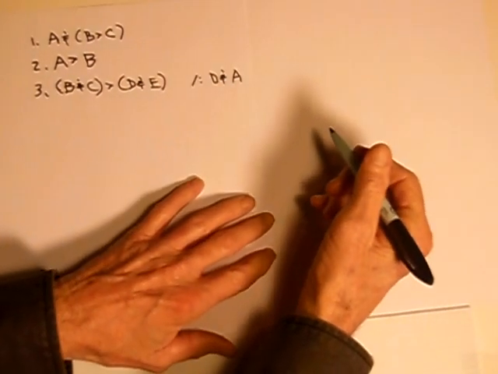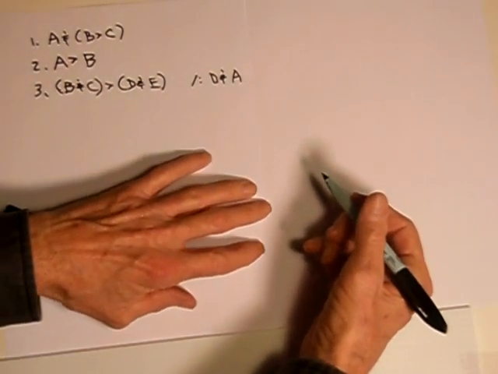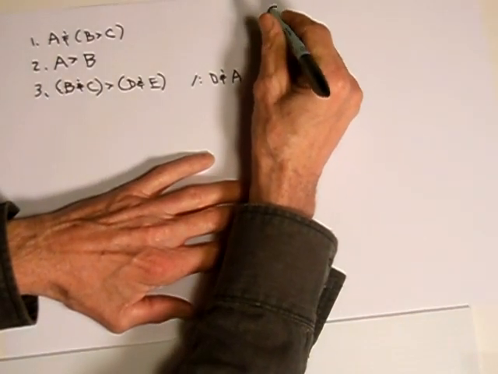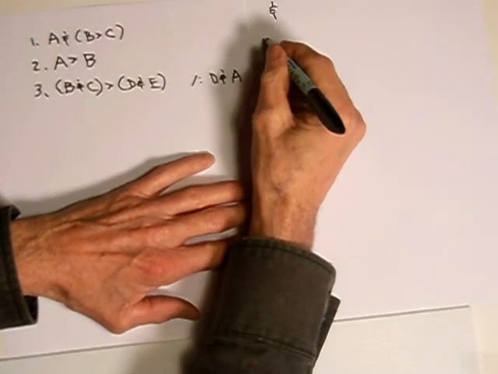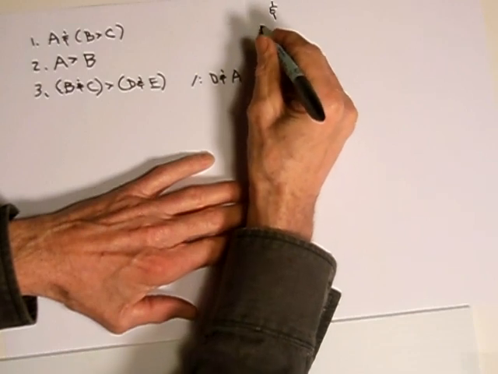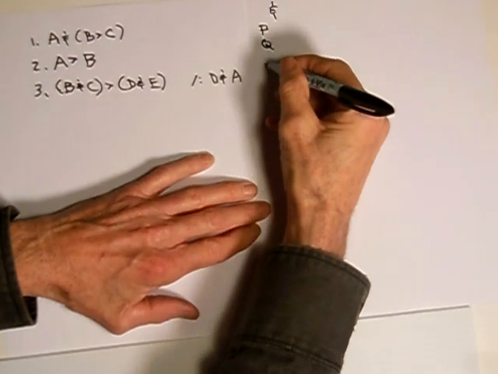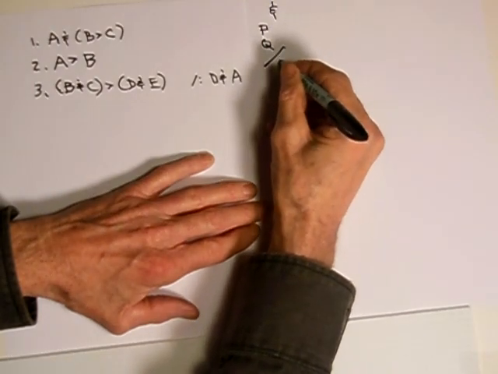So first let's get the available rules, so to speak, out in the open. There's and in: from any 2 statements, we can deduce their conjunction.